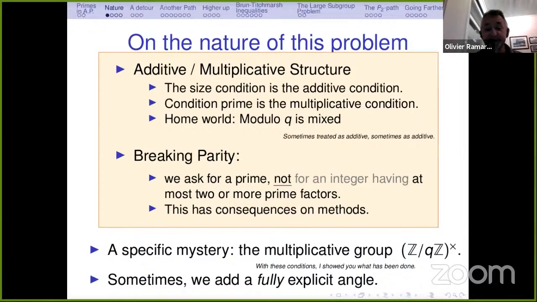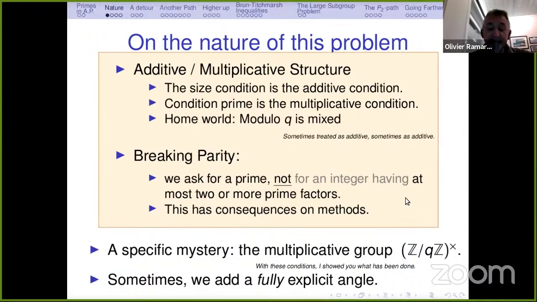So there's a specific mystery in this problem, which is the multiplicative group (Z/QZ)*. I don't know whether you can see the star here. This very simple object, which is a finite abelian group, is extremely mysterious. You can see it because you have difficulty handling character sums, short character sums.